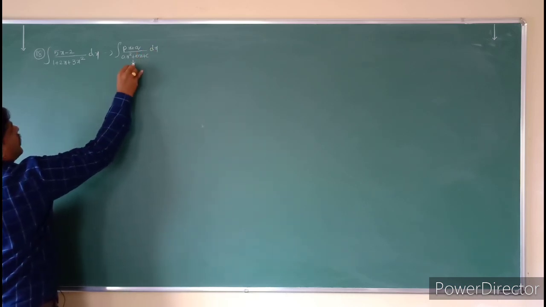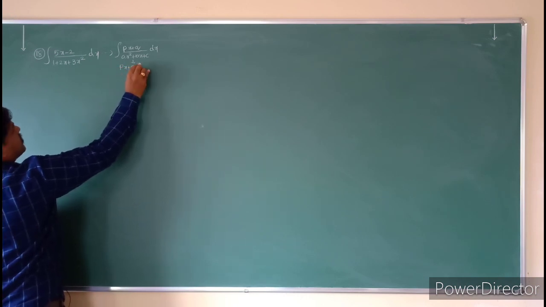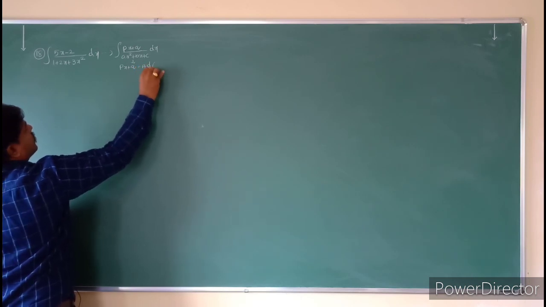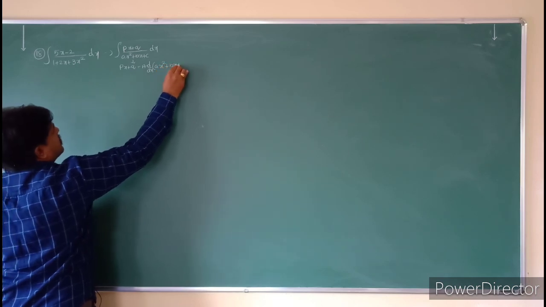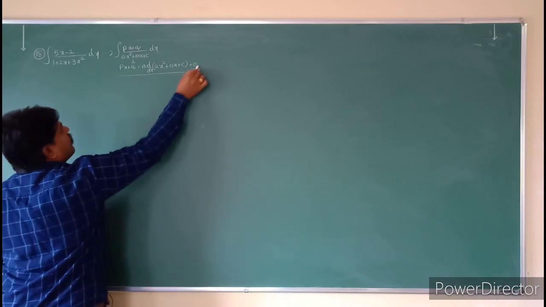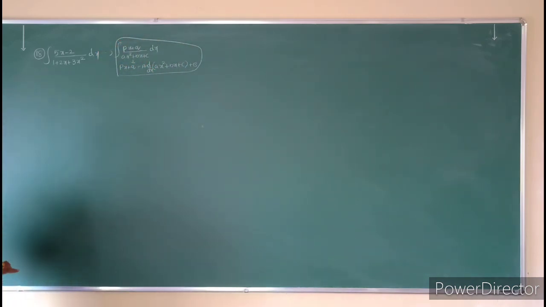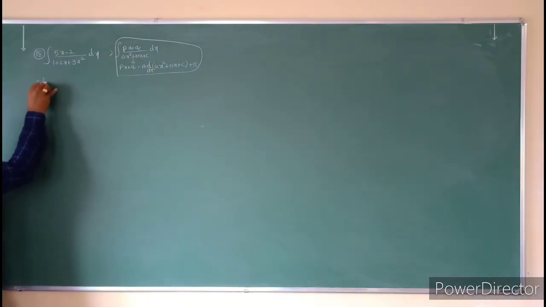So what you have to do is put px plus q is equal to a into the derivative of ax square plus bx plus c, plus d. This is the form you have to apply, the same model. So we'll see the solution.